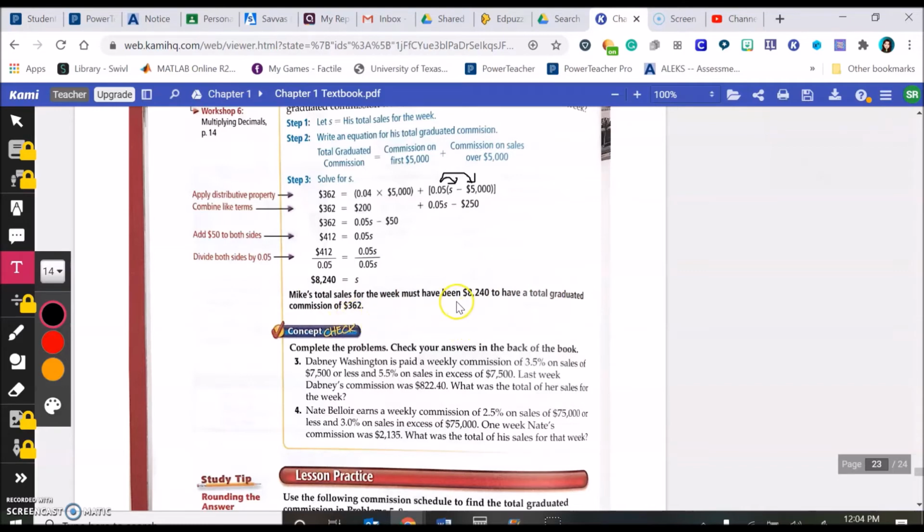All right, so there are 2 try-it problems, or concept check problems. Number 3 says Dabney Washington is paid a weekly commission of 3.5% on sales of $7,500 or less, and 5.5% on sales in excess of $7,500. Last week, Dabney's commission was $822.40. What was the total of her sales for the week?